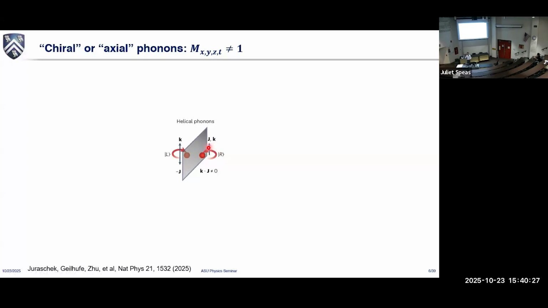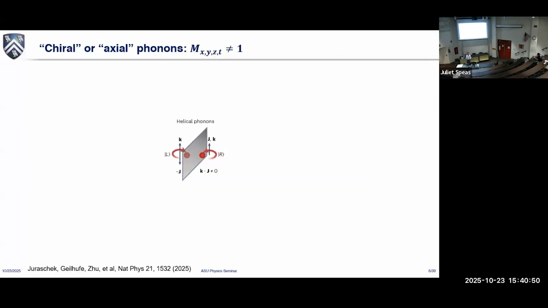So essentially, this is a helical rotating atom that breaks all of the mirror X, Y, Z and time reversal symmetries. So this object definitely can be named chiral. It abides by all the conventional definitions of chirality.